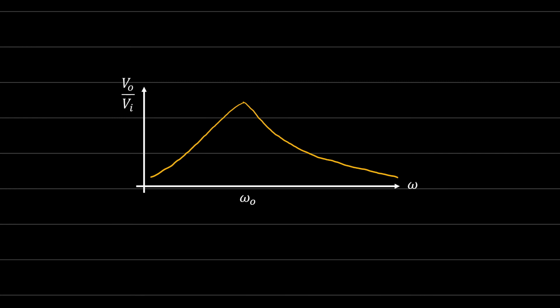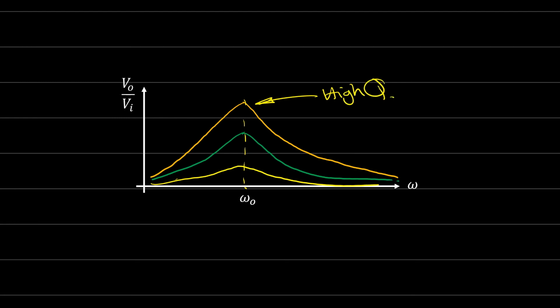So at some resonant frequency you'll get the peak, but the peak will be changed. So here we have high Q and here we have small Q. Also again we'll make a comparison. Next time we'll make a comparison between all of these converters.